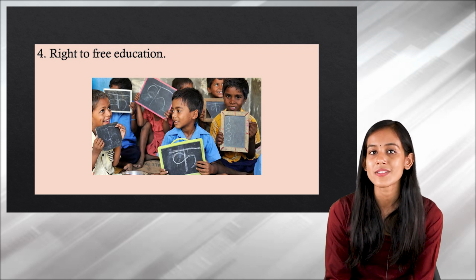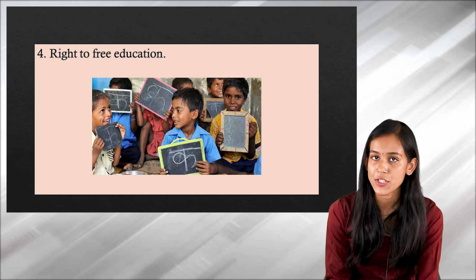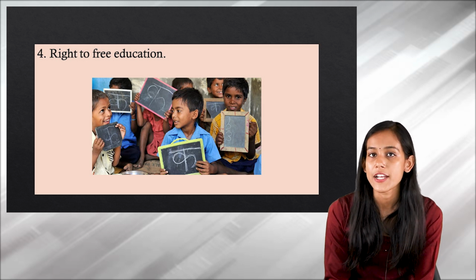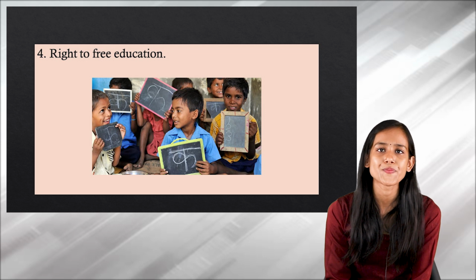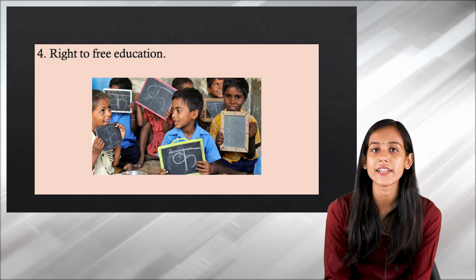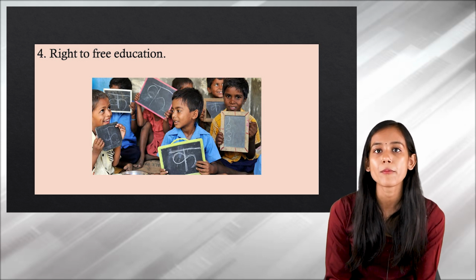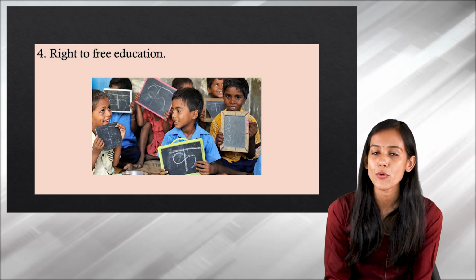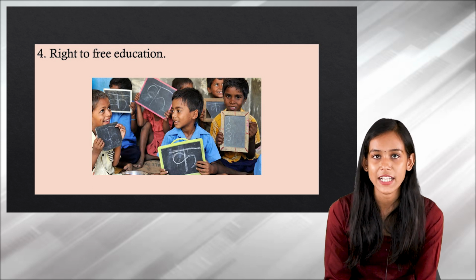So it is their fundamental right to have free education. Our fourth right is the right to free education, and no reason like poverty should stop anyone from getting education.